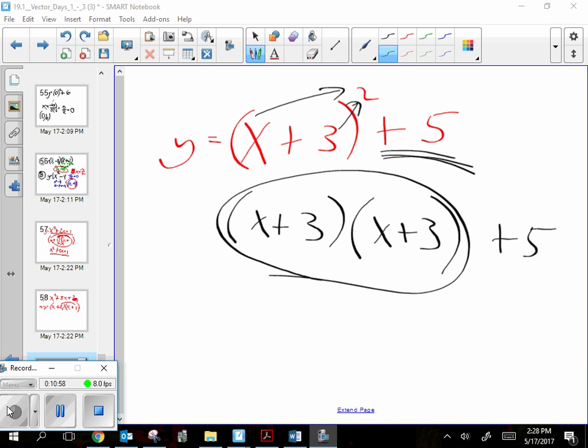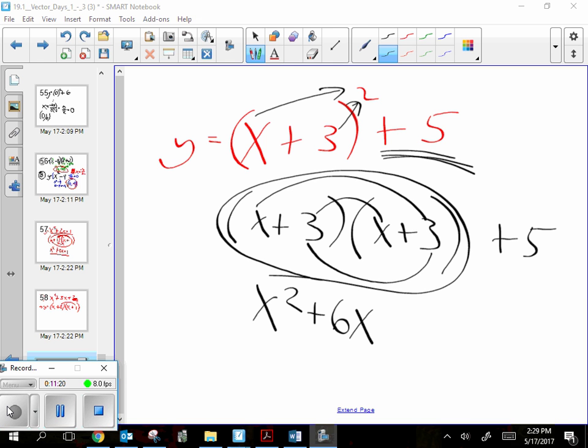Okay, so here we go. You should have said x squared. How many of you had an x squared in your answer? Did you not have one? All right, good. Then, did you get that there was a 3x and another 3x, making a total of 6x? Raise your hand if you had a 6x in your answer. Good. And then the last thing is 3 times 3 is 9.